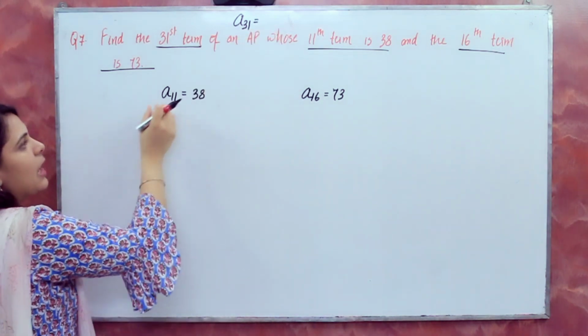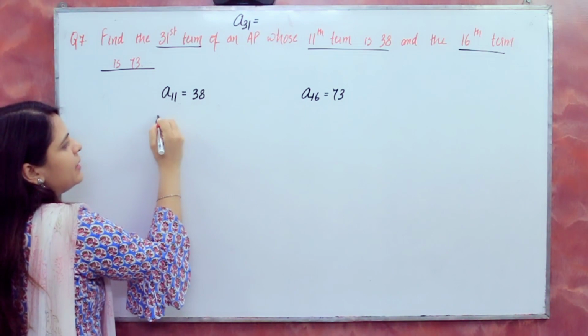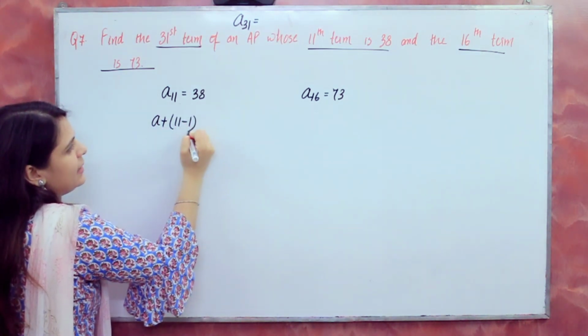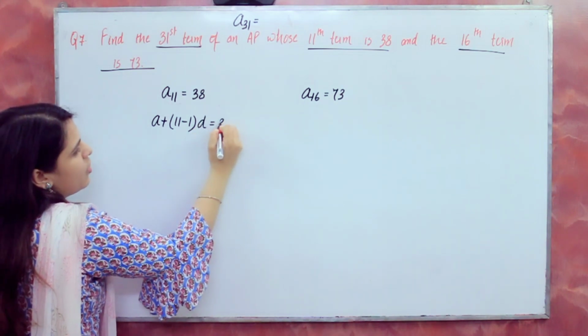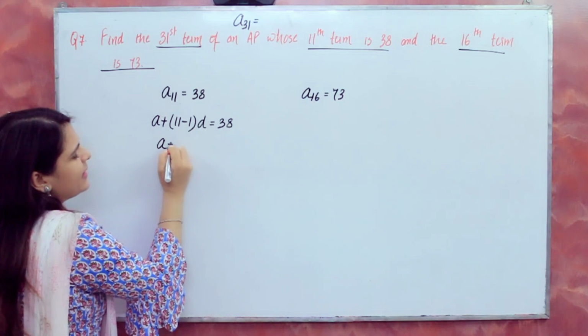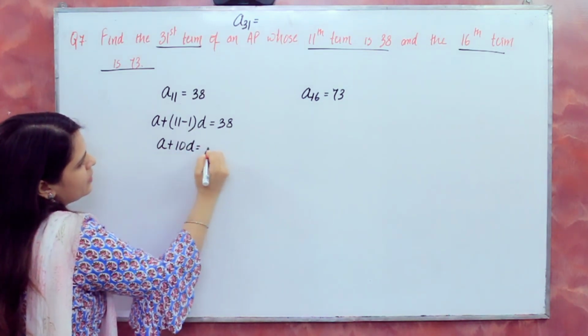We know the formula of A11, this will be a plus (11 minus 1)d. I am using the formula a plus (n minus 1)d, or you can directly write a plus 10d.